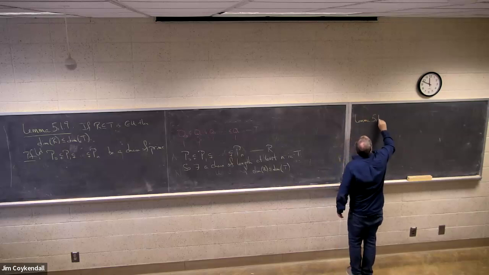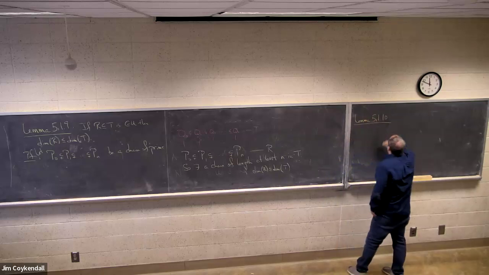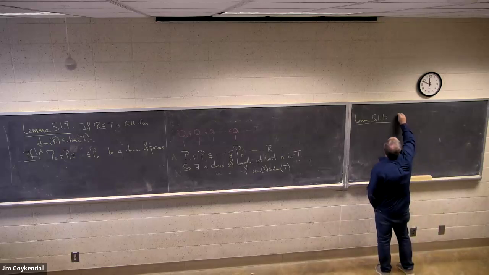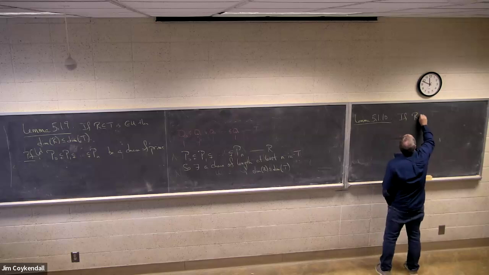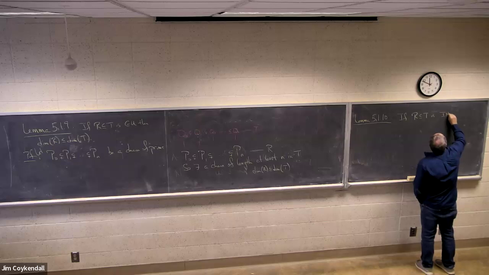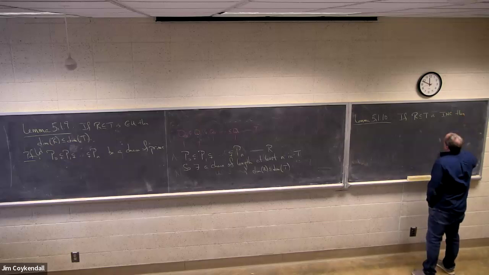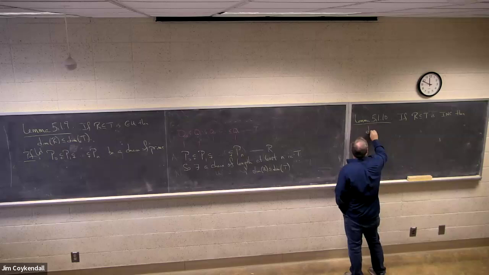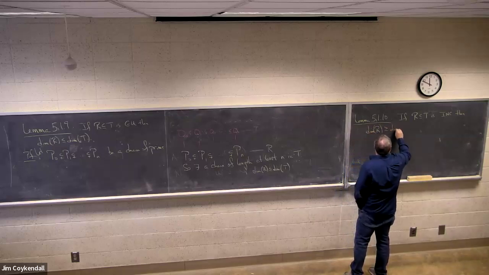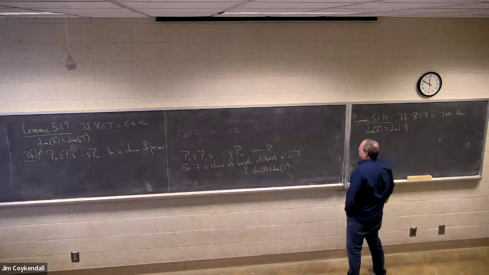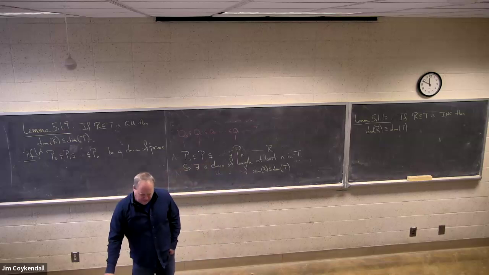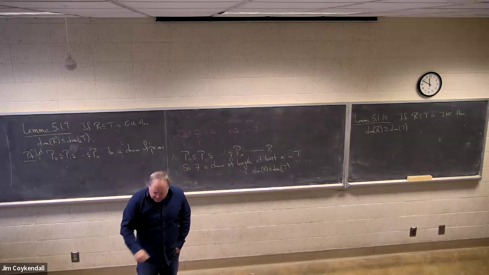Lemma 5.10: if R inside T is incomparable, then now the dimension of the bottom is at least as big as the dimension of the top.